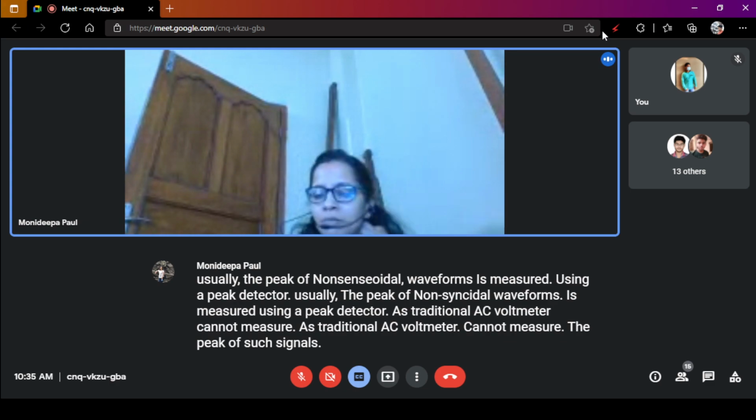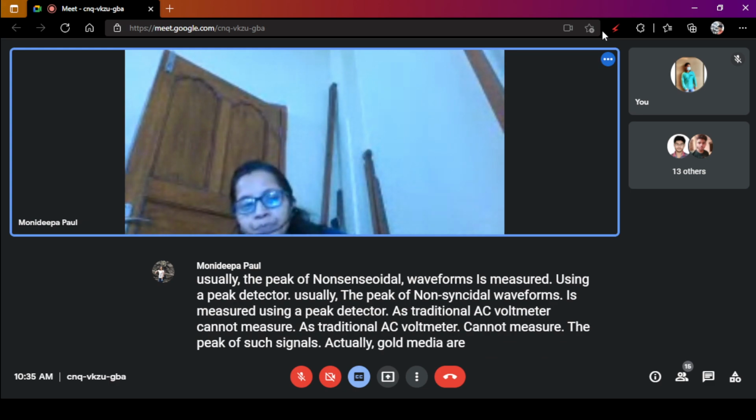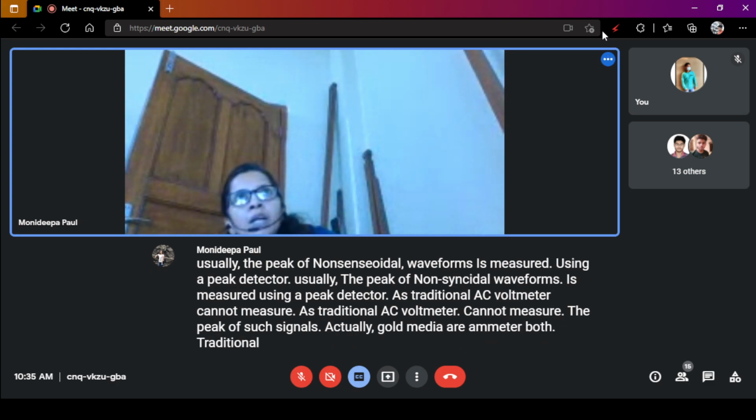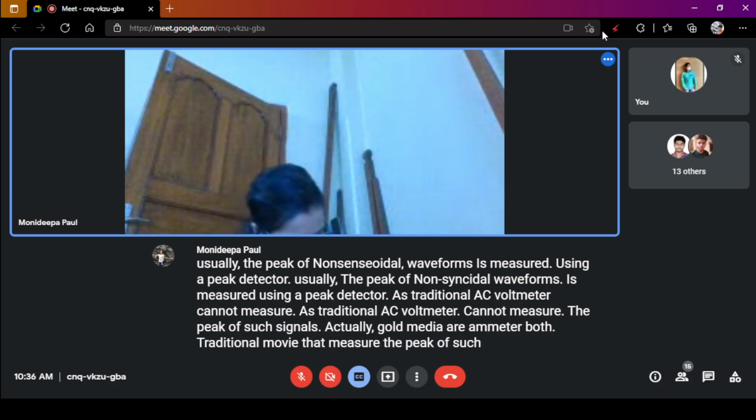Actually, voltmeter or ammeter both. A traditional voltmeter can't measure the peak of such signals.